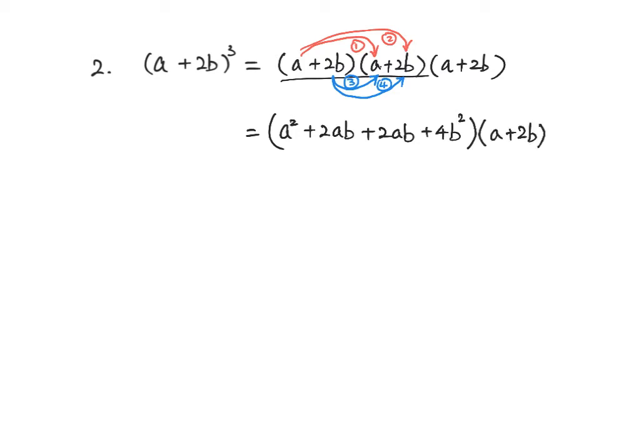Let's see whether we can simplify the first bracket. This 2ab plus 2ab are like terms. We can combine them. So we have a squared plus 2 plus 2, which is 4, 4ab plus 4b squared, and then copy down the second bracket. Now we can apply the rainbow method again.